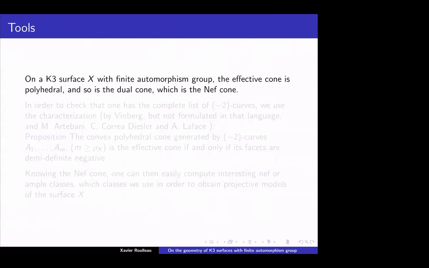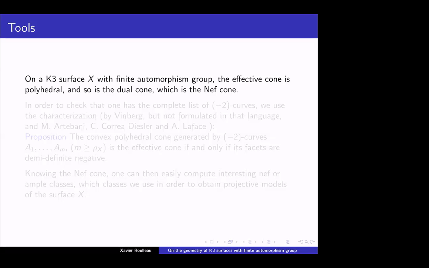Yes, let me continue about the tools. The effective cone on a K3 with finite automorphism group is polyhedral, so it is the cone generated by the -2 curves. And the dual cone is also polyhedral.